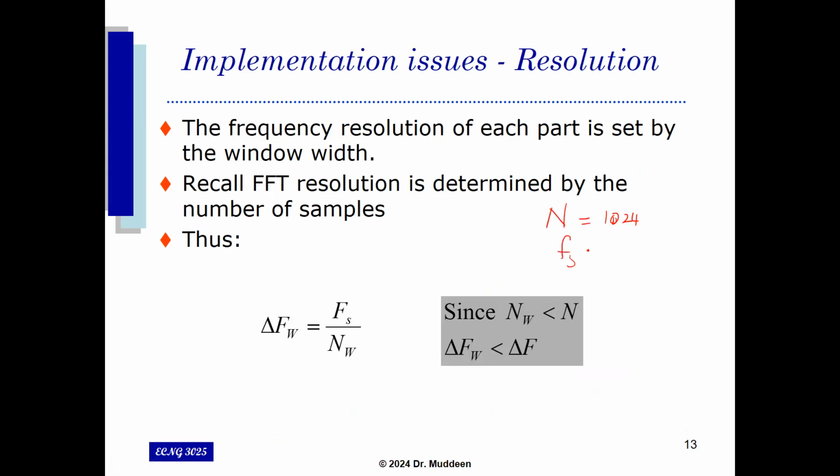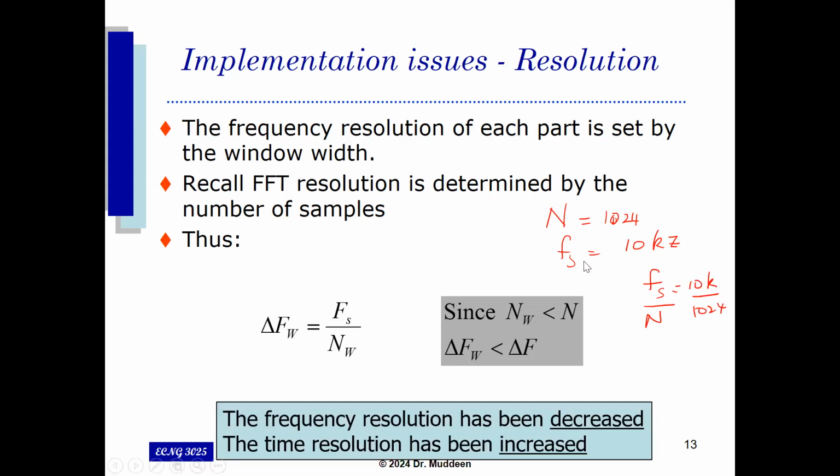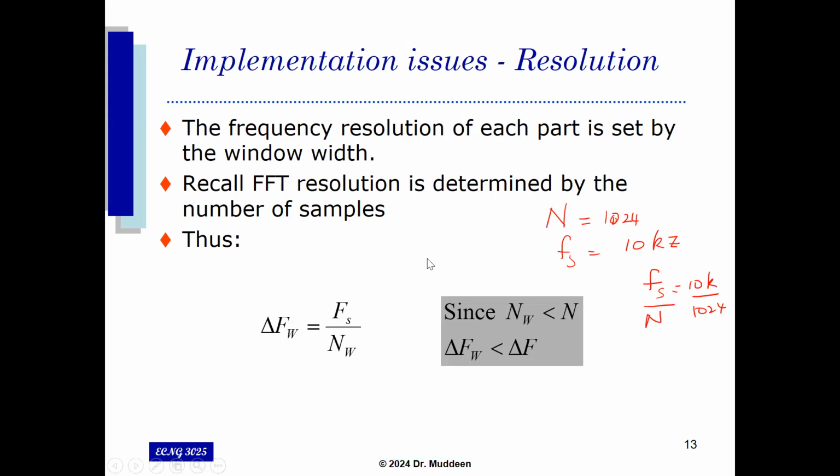If Fs was, let's say, 10 kilohertz, then if it was a stationary signal, the resolution would be Fs over N, which would be 10K over 1024, right? But because the signals are non-stationary, N is my window width. So let's say N was 128.